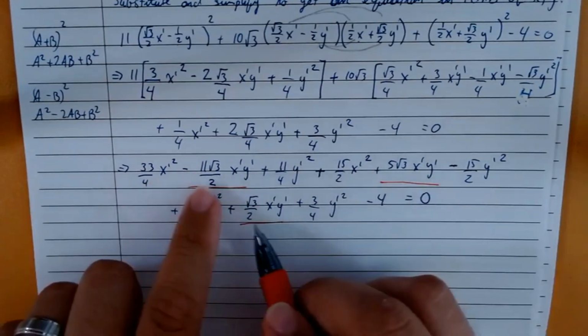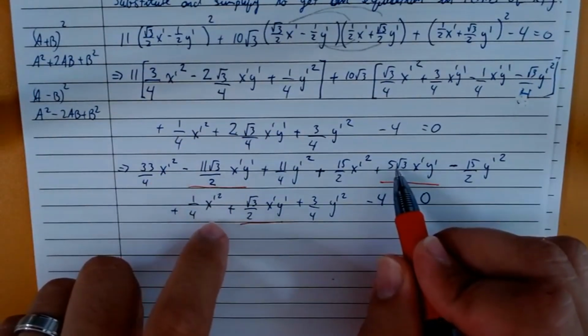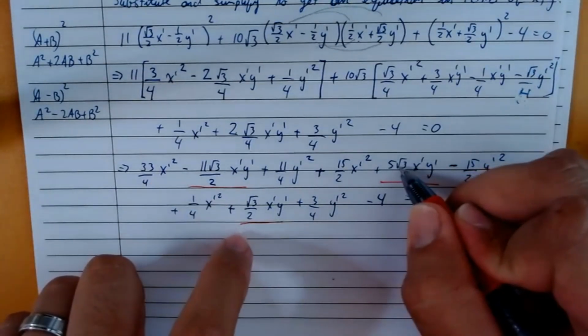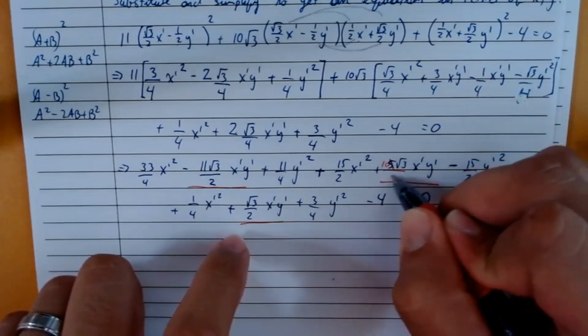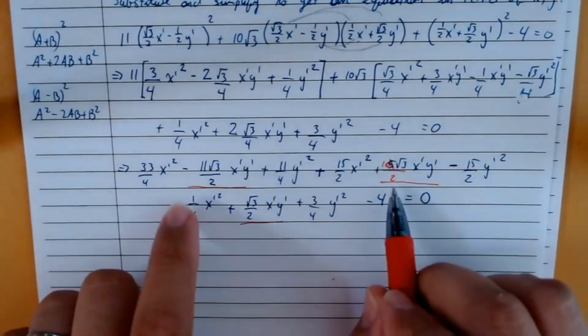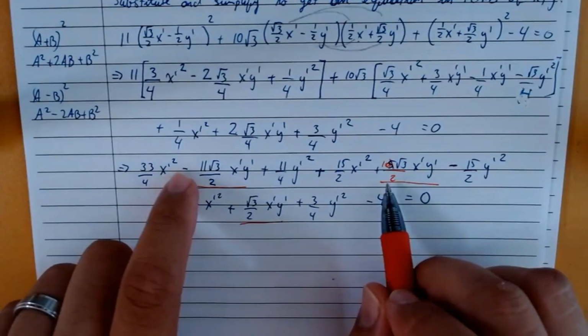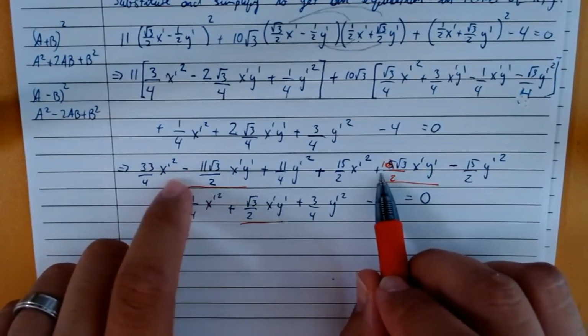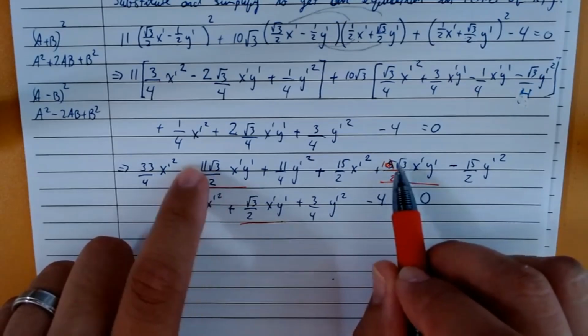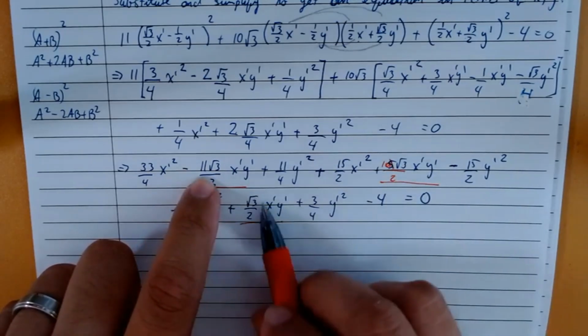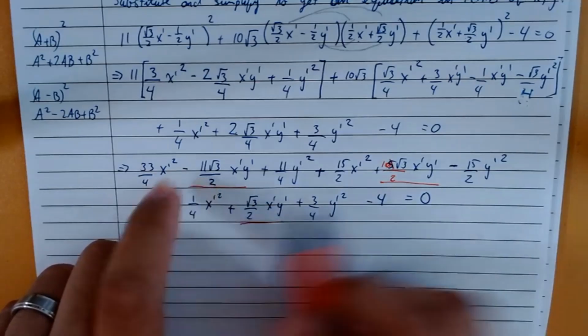Here, these two have a common denominator. Let me write this one with a common denominator too. So instead of 5 root 3, I'm going to write it as 10 root 3 over 2. That'll make it a little easier to combine, right? If I have negative 11 root 3 over 2, and I add 10 root 3 over 2, that'll give me negative 1 root 3 over 2. And if I take negative 1 root 3 over 2 and add a positive root 3 over 2, well, that's all 0.